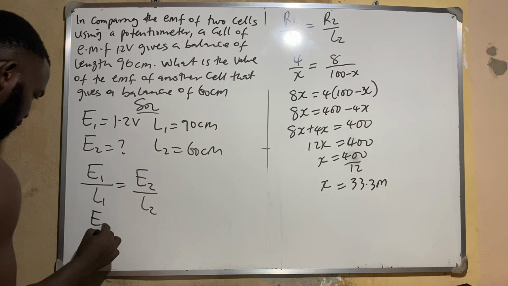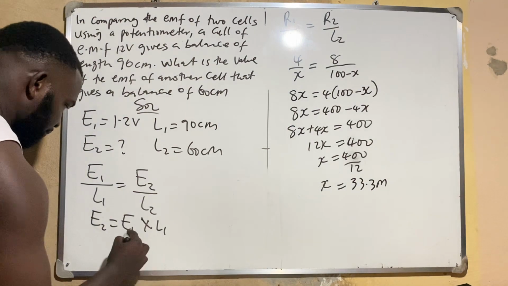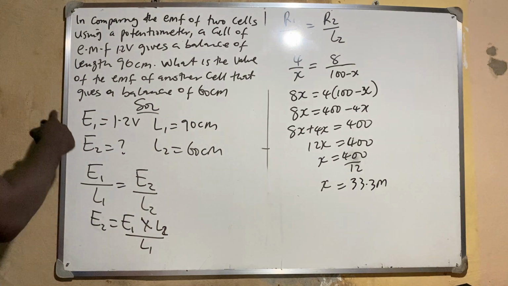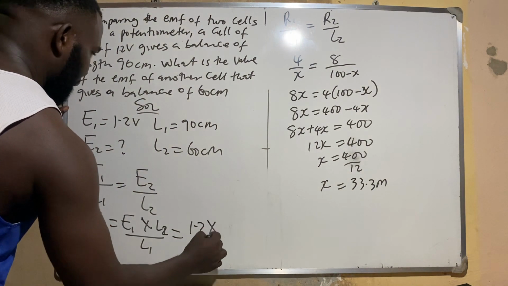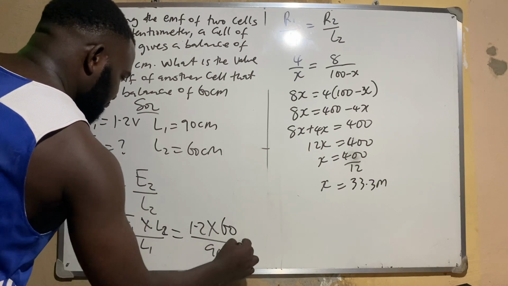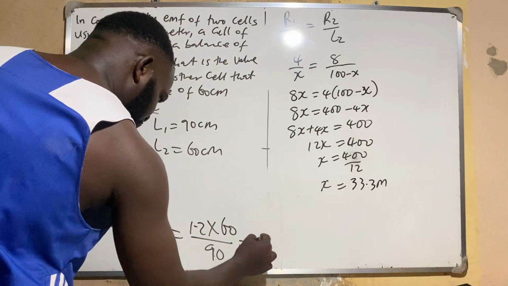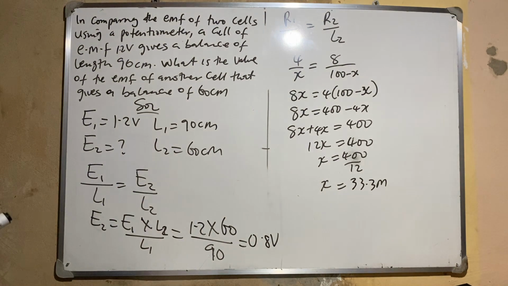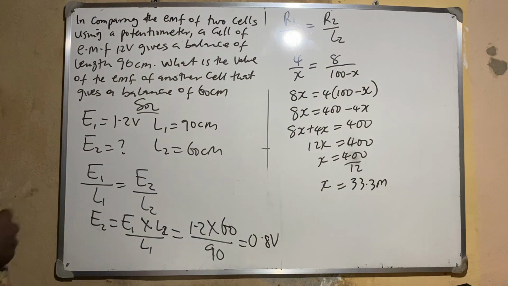My EMF2 will now be EMF1 times my L2, all over my L1. So if I cross multiply, you now have 1.2 times 60 divided by 90. If you do that, you'll have 0.8 volts. All right. So that is that.